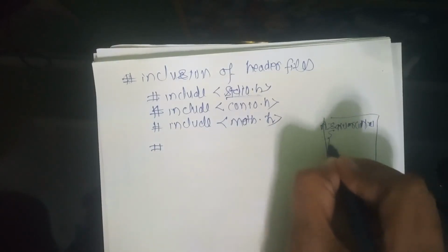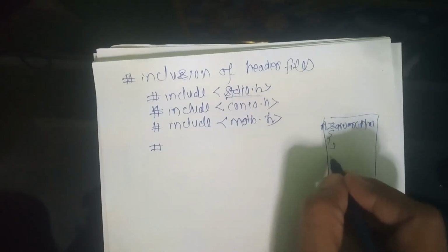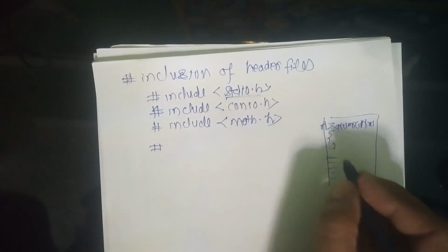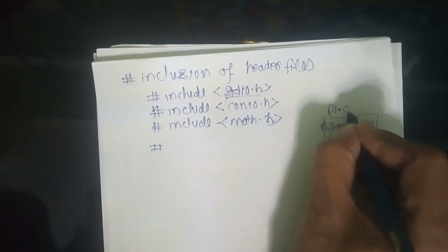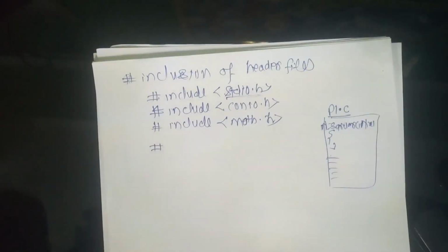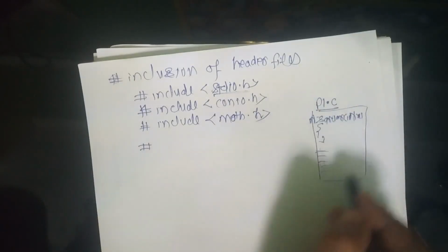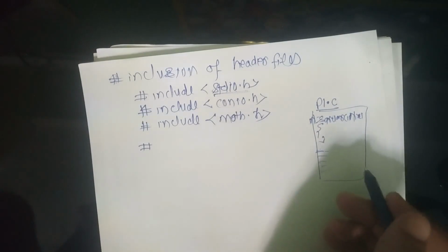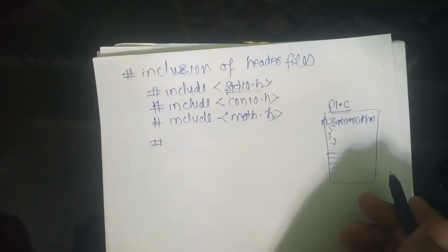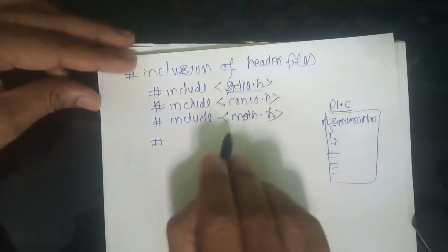It will take some argument. Like this you can define as many functions as you want, and suppose you have defined these functions in the p1.c file. Then you can use these functions in any other program. For that you have to include this file.